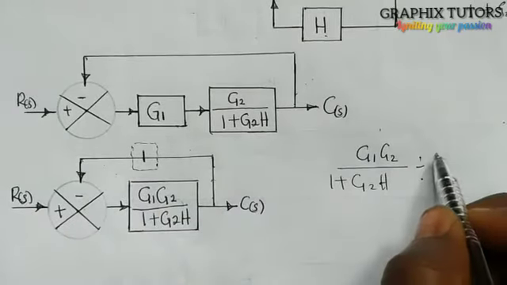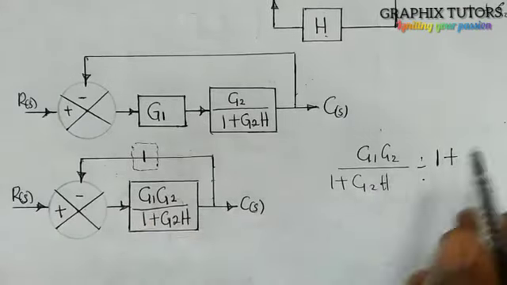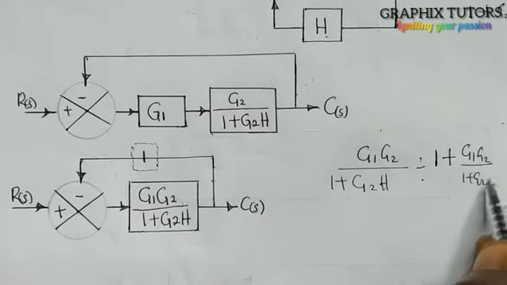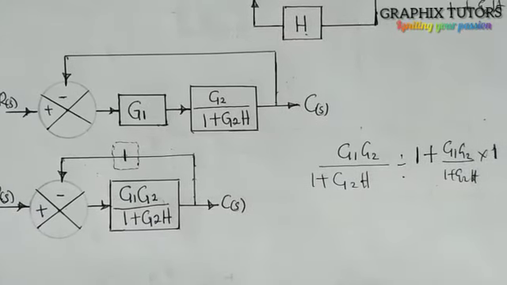So it will be divided by 1 plus G1 G2 all over 1 plus G2H times what? This, which is 1. That is just the rule there.